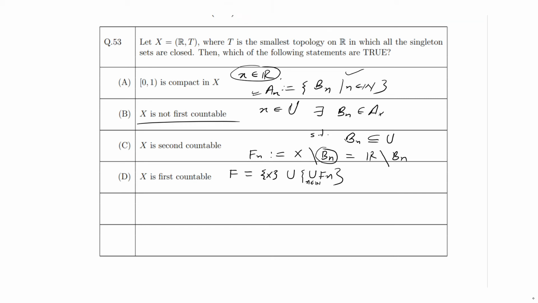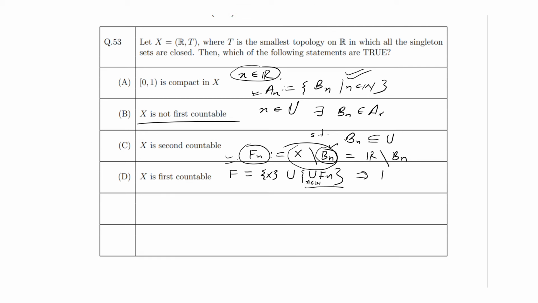Why? Because we are considering a set of open neighborhoods. What is the meaning of local base? It means that if we consider any point, then it has a countable number of neighborhoods always. So these Bn's are open. This implies that Fn is closed, and most importantly, this is the complement of Bn, so it should be finite. So all Fn are finite, and we are taking a countable union of finite sets.